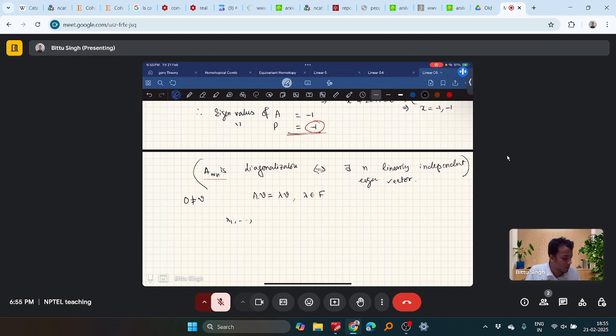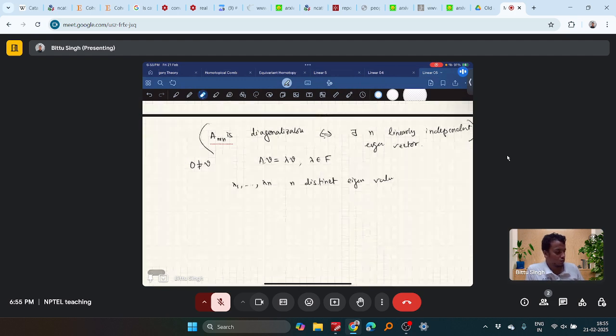If there are n distinct eigenvalues, we need to prove that there are n linearly independent eigenvectors.